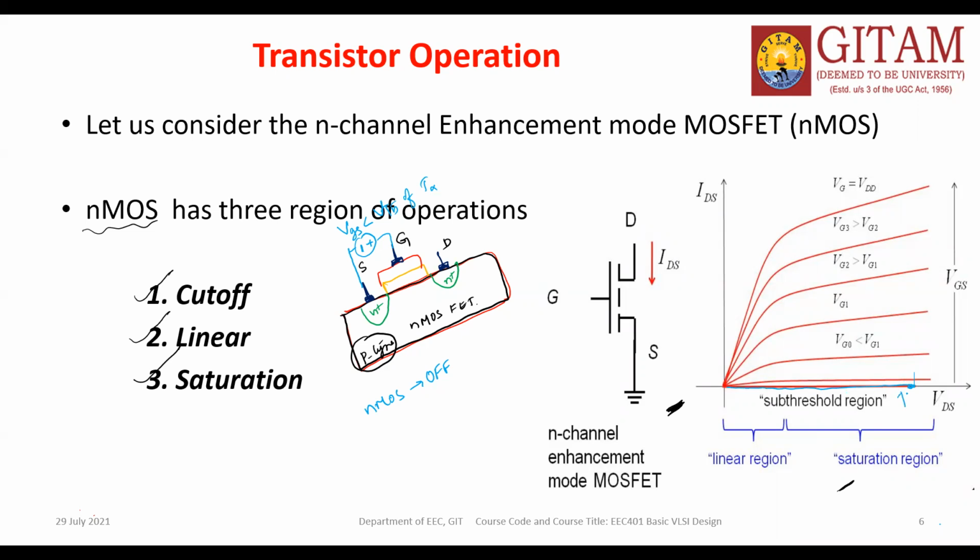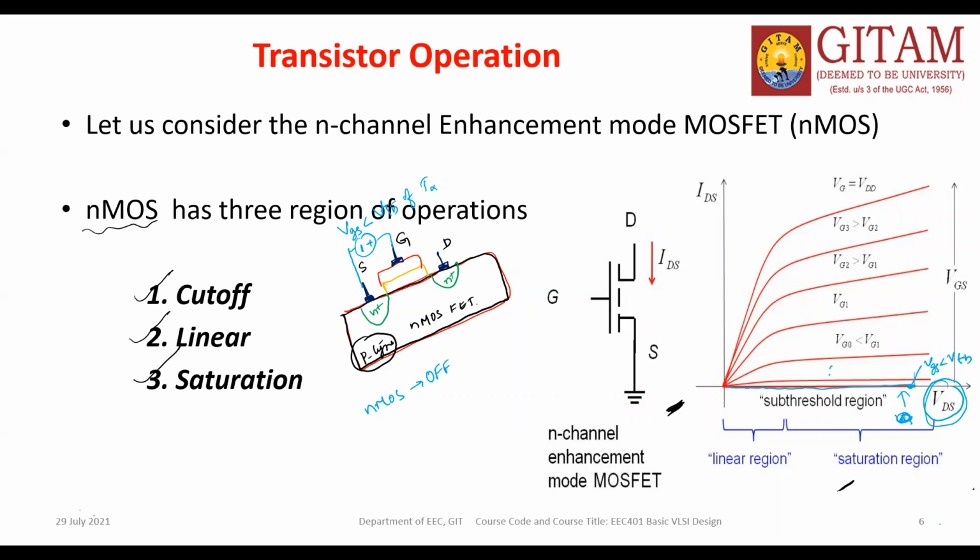What this line says is that when VGS is less than VTH of the transistor, no channel is formed. If there is no channel, there is no possibility of transportation of the carriers from source to drain. So the current value is equal to 0, and even if you apply a VDS value, whatever the value, it doesn't work.